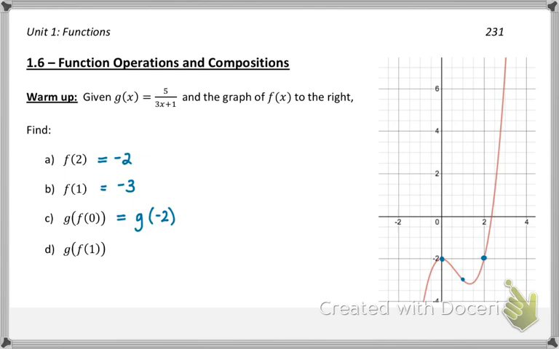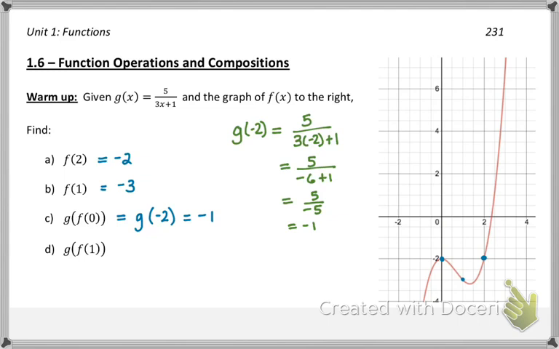Now we're going to use the equation, because I don't have the graph for g. So g of negative 2 tells me I'm going to put negative 2 in as the input for x and simplify. That gives me 5 over negative 6 plus 1, which is 5 over negative 5, which will be negative 1. So g of negative 2 is negative 1.